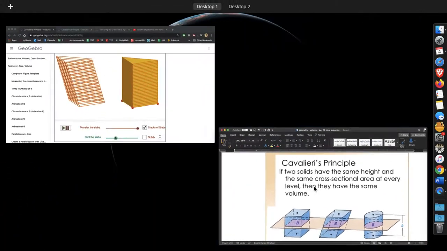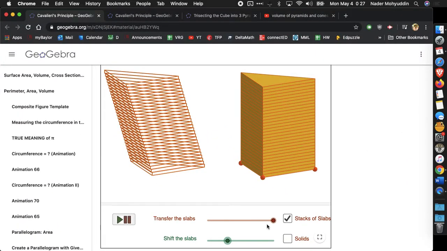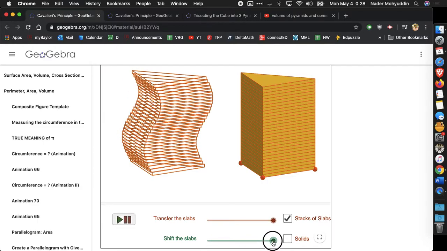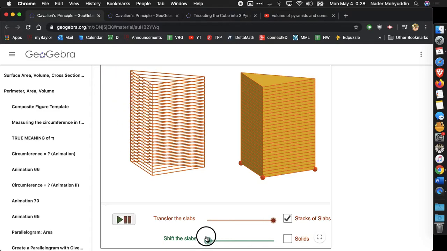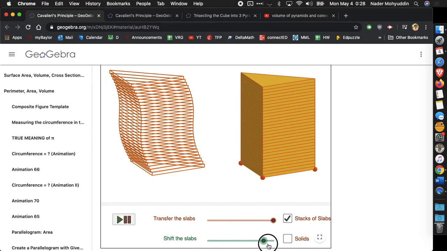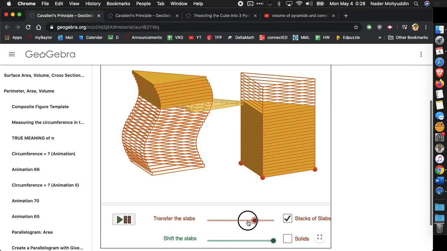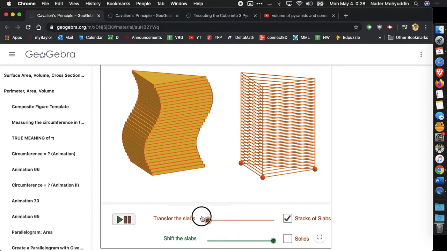Allow me to illustrate with an animation here. Here we have two stacks, sort of prism type shapes, and you'll notice that the volumes are the same even through the deformations. The amount of stuff does not change. And this can become very clear when you see it transferred.